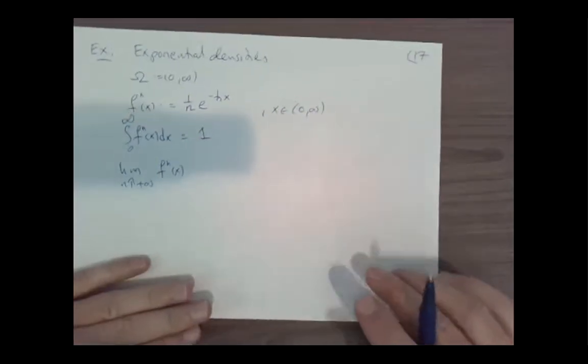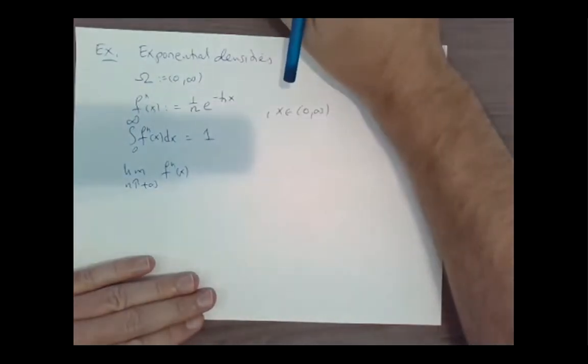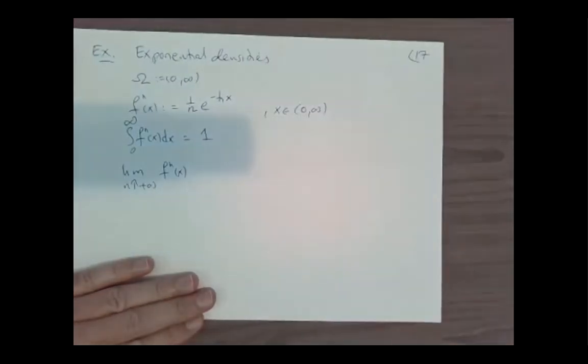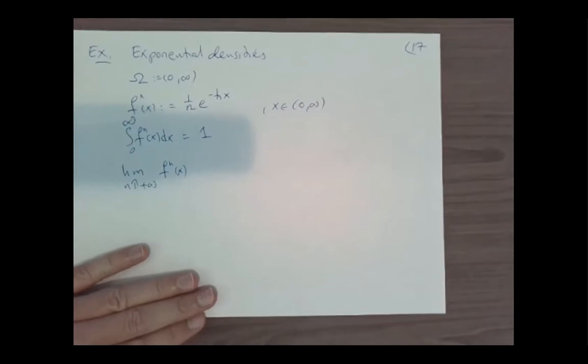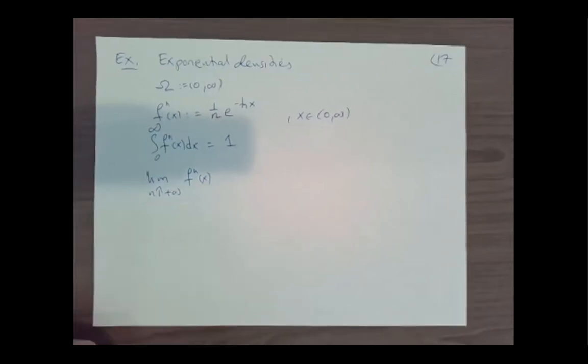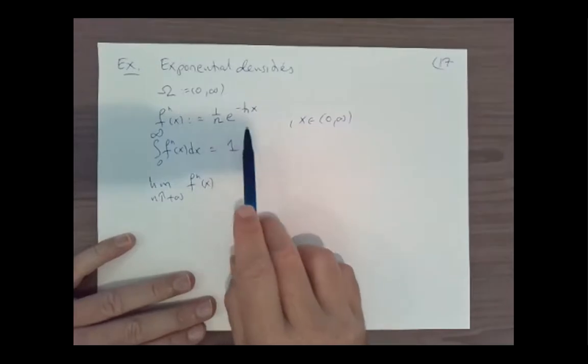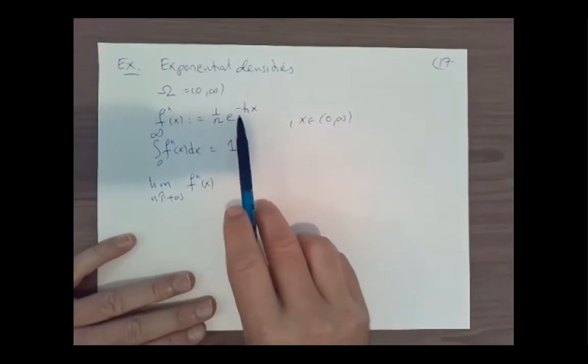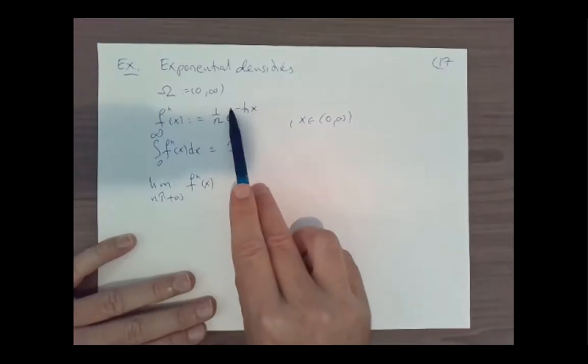What would we get here? Try to think about what happens here when n gets bigger. How big does this term here get?